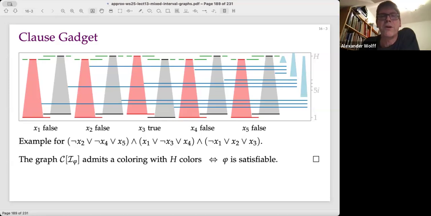That's the idea of the clause, of the construction. So this graph induced by this set of intervals admits a coloring with this h number of colors if and only if my Boolean formula is satisfiable.